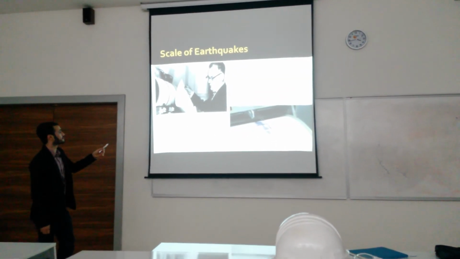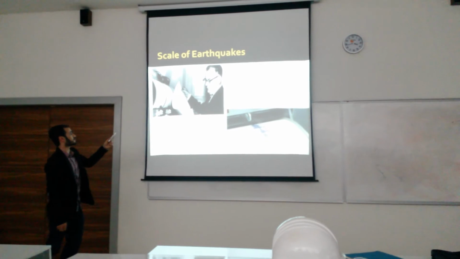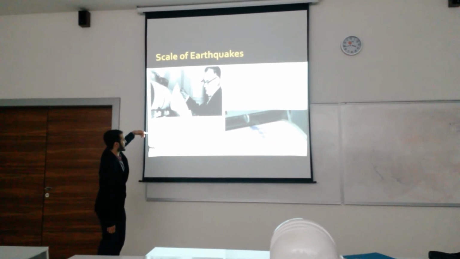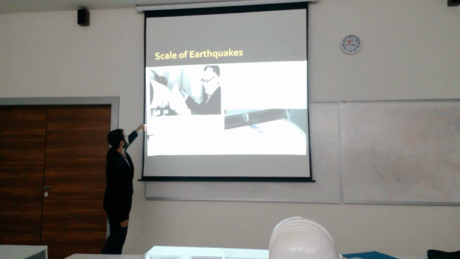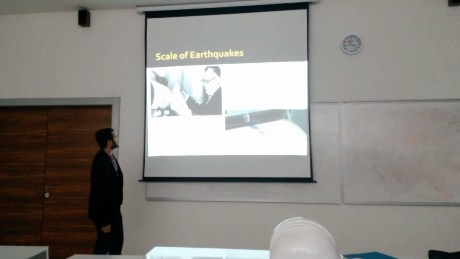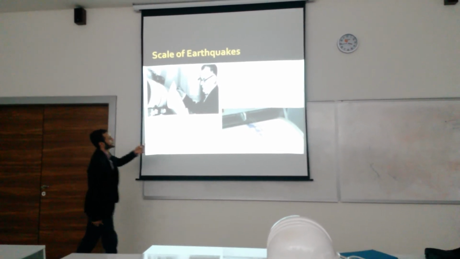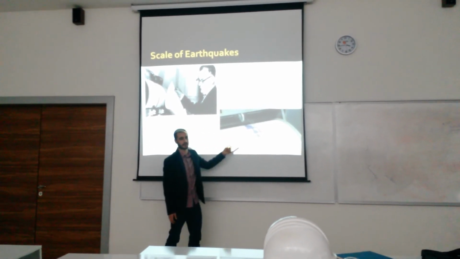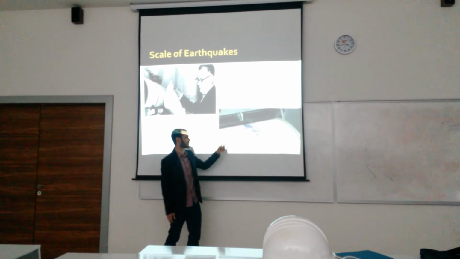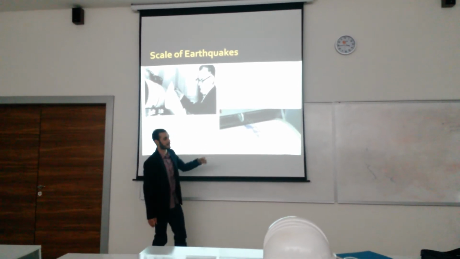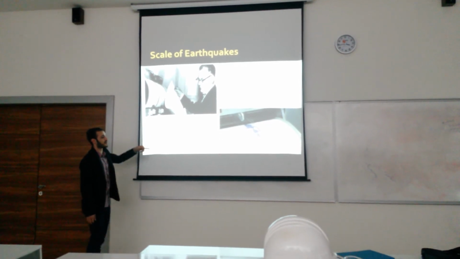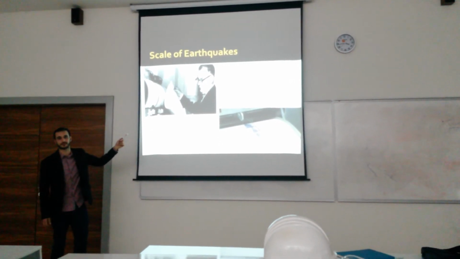Charles Richter, and now, as you see, he is on a mission, and he did something. This machine is a seismograph. We measure the magnitude of the earthquakes with this machine, and the scale of earthquakes was created by this guy who lived in San Francisco.